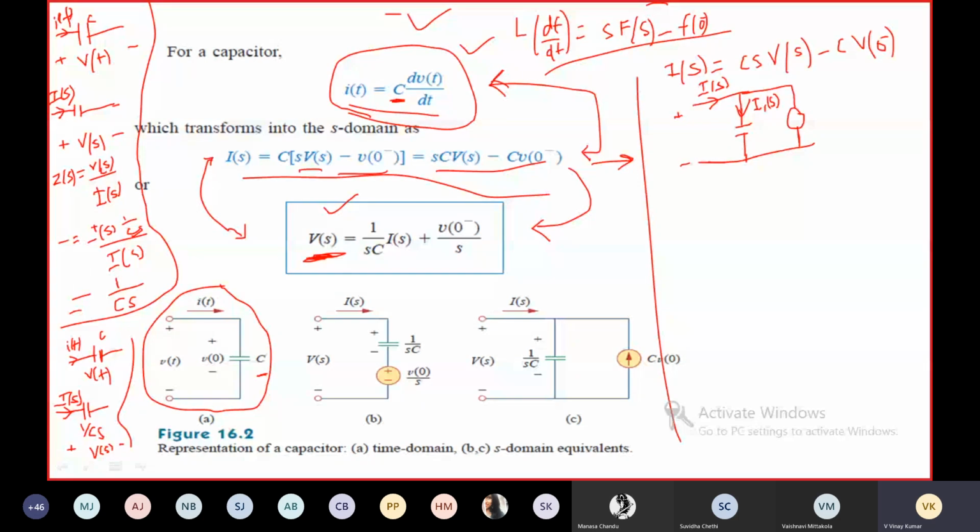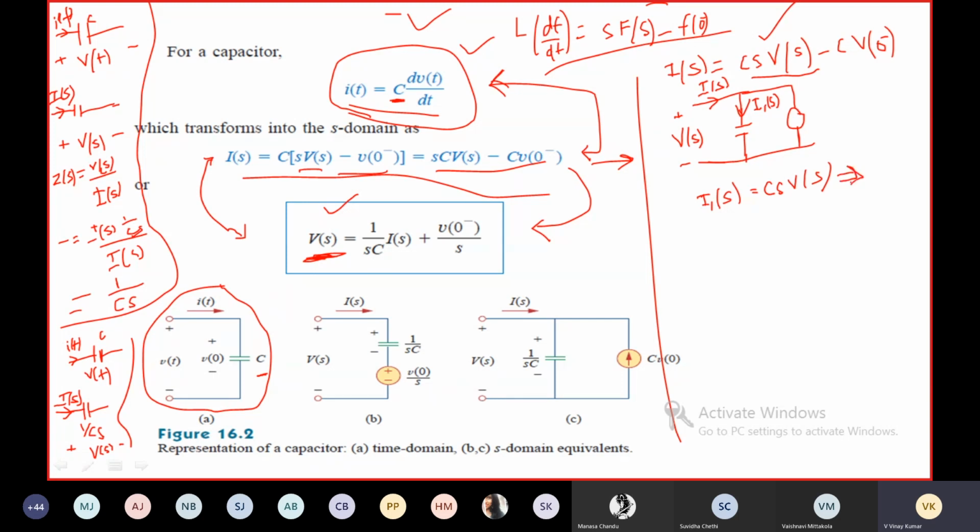V of s is the voltage across this. Now, what will be this impedance? What is I1 of s? I1 of s is equal to C S V of s.